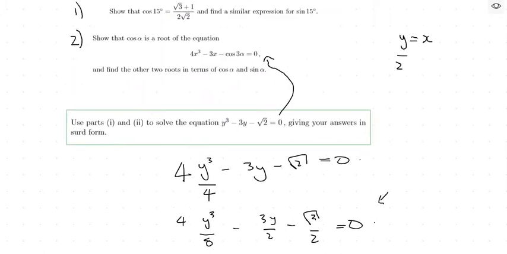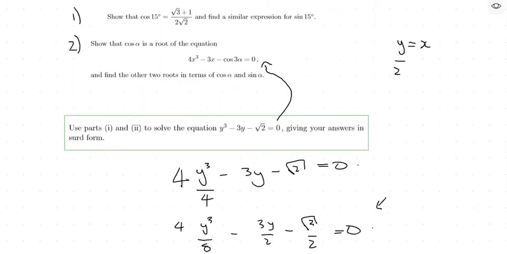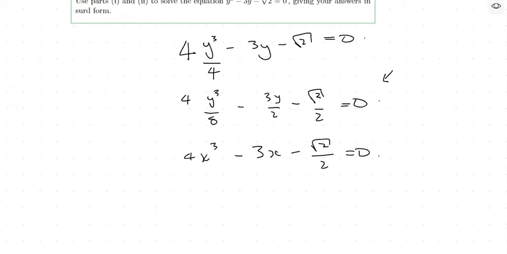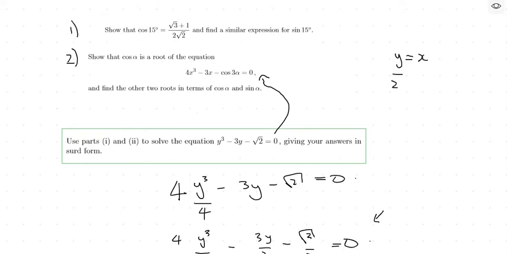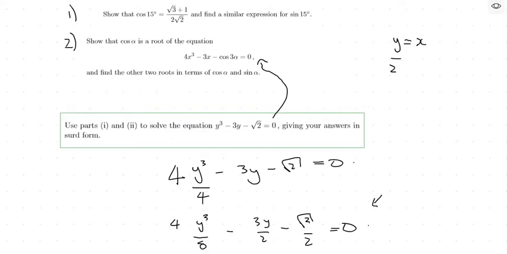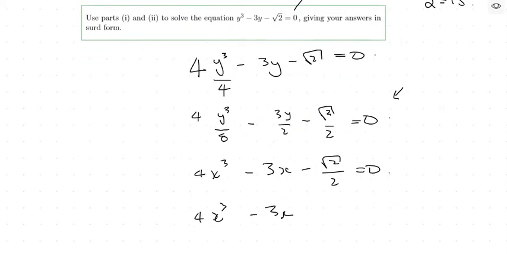Solve the equation. So I know I can use part 1. Oh, I remember now. We actually showed that this was 4x cubed minus 3x. So if we set alpha equals 15, which is what I thought we would have to do, this is 1 over root 2.